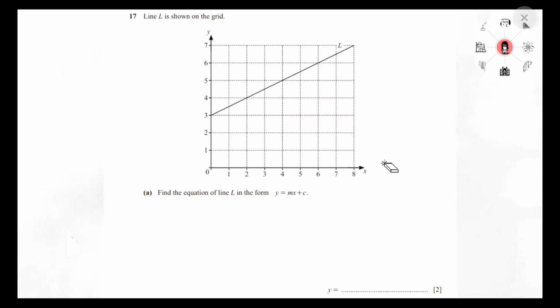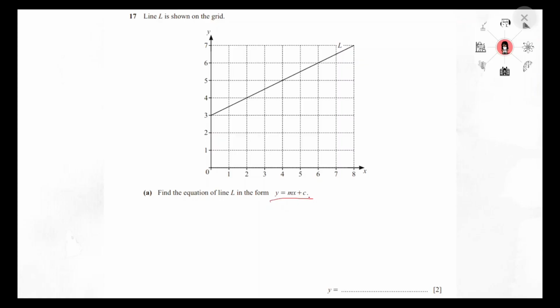Question 17. Line L is shown on the grid. A. Find the equation of line L in the form of y equals mx plus c. In y equals mx plus c, let's find m first.